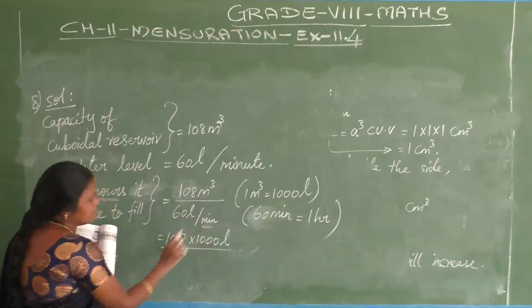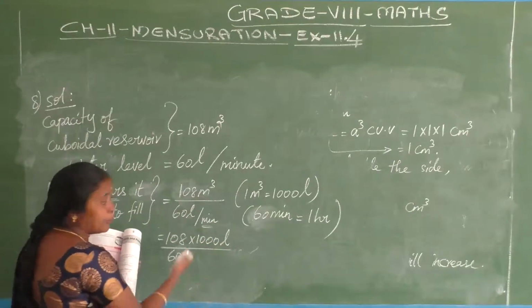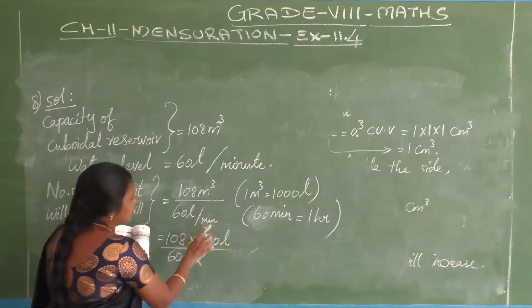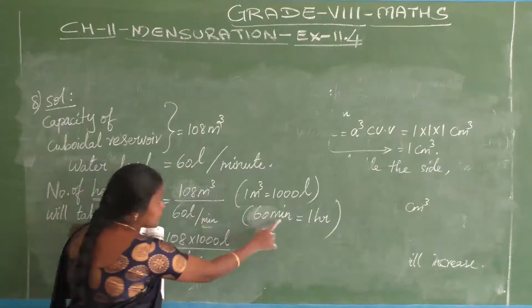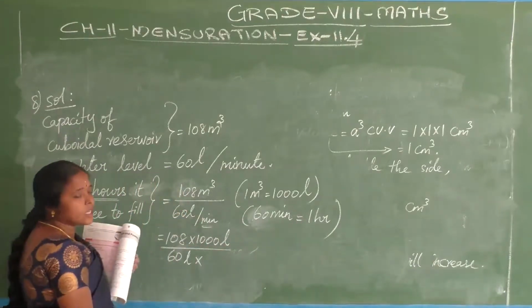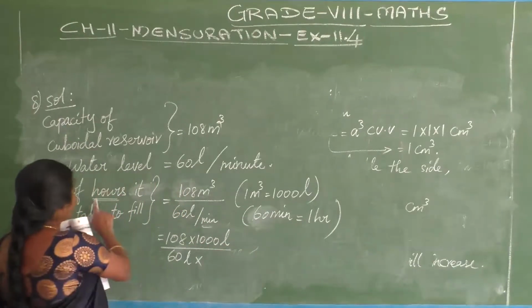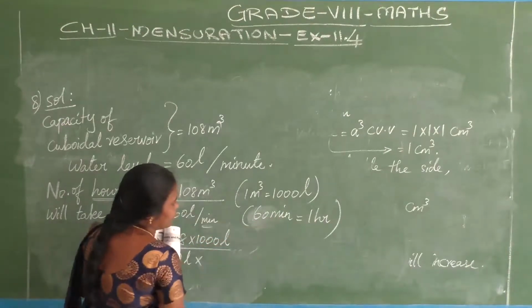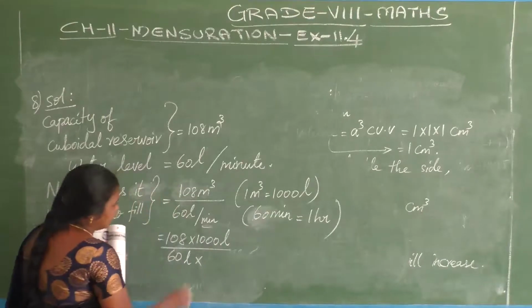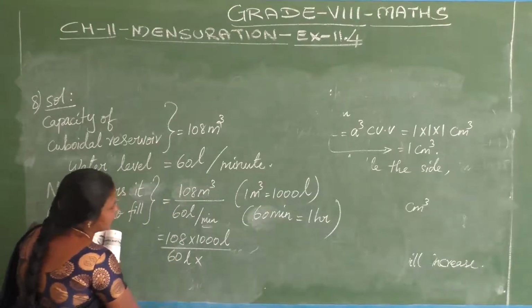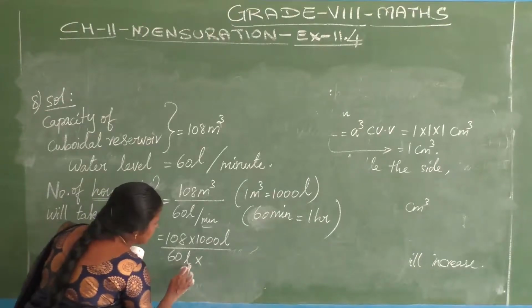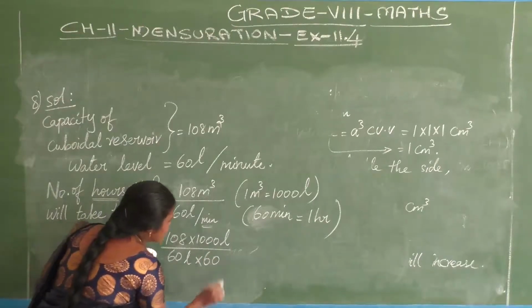For converting minutes into hours we have to divide by 60, since 60 minutes equals 1 hour. We need the answer in hours only. So dividing by 60 automatically comes in the reciprocal, and here comes 60 liters into 60.